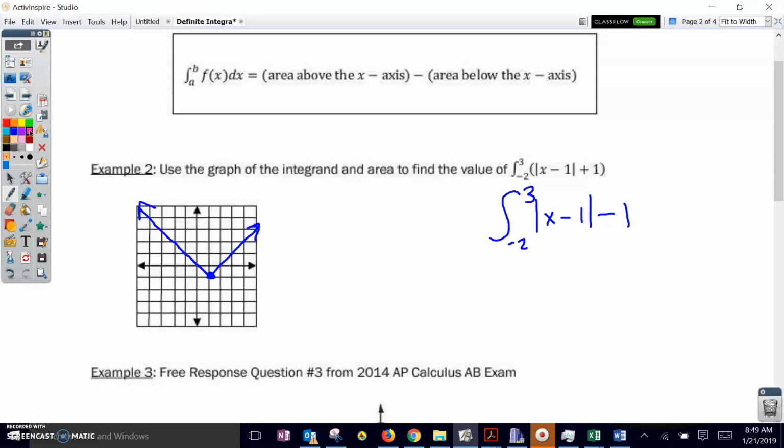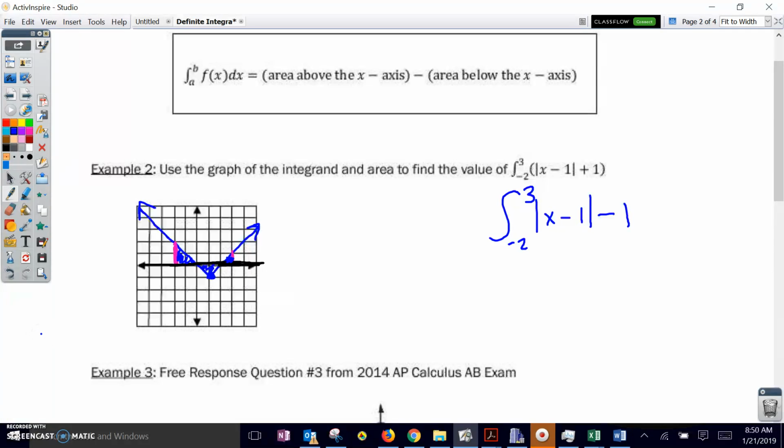Alright, and we're going to integrate that from -2, it's right here, to +3, which is right here. And so what we have when we do this is, because of our axis, let me darken the axis here a little bit, there's the axis. We have some area above in here, and some area below, and some area above.